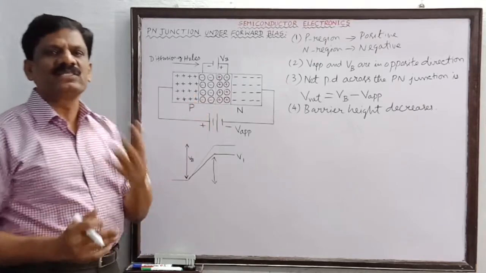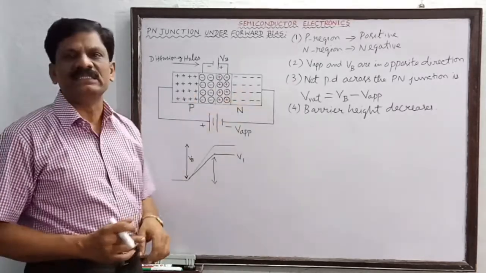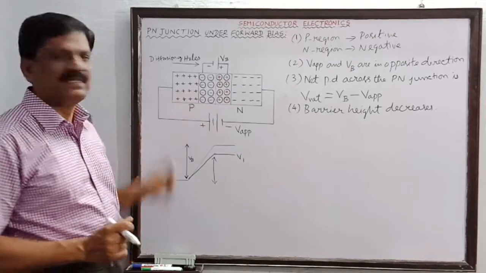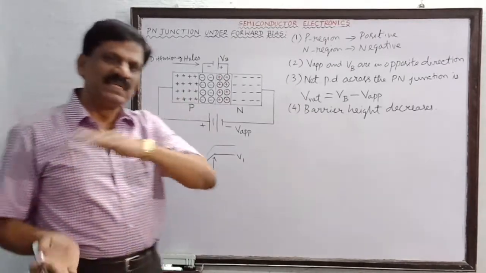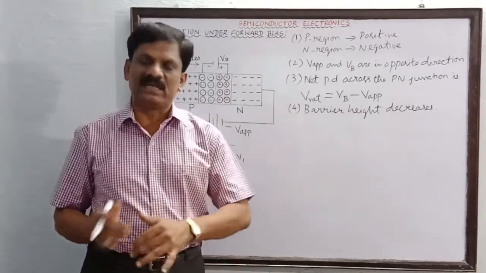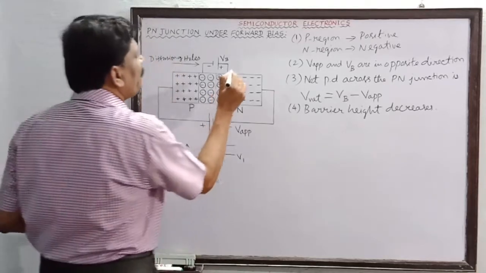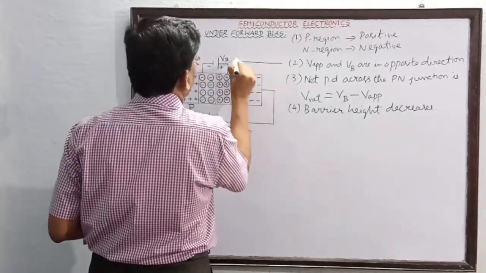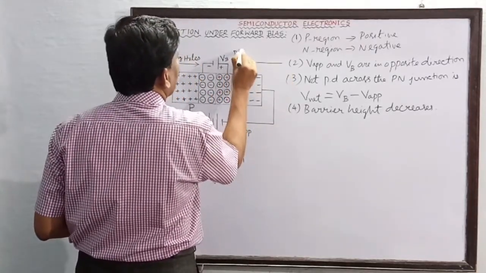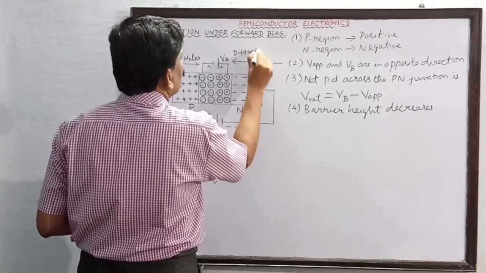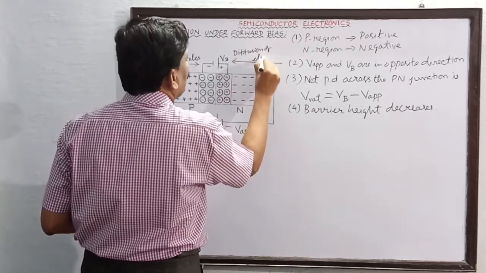So the concentration of electrons will be more in the N region than in the P region. Because of this concentration gradient of the electrons, there will be a diffusion of electrons.